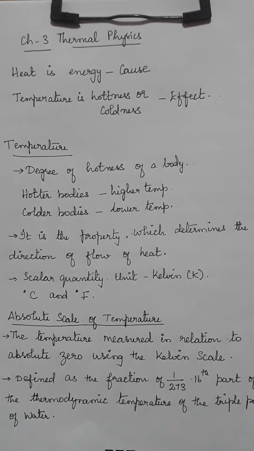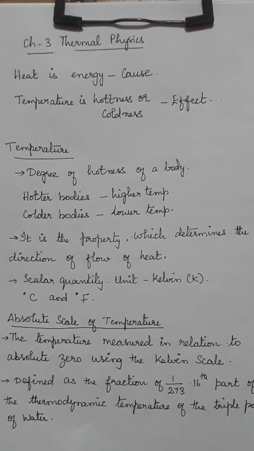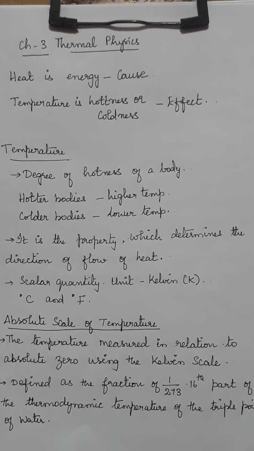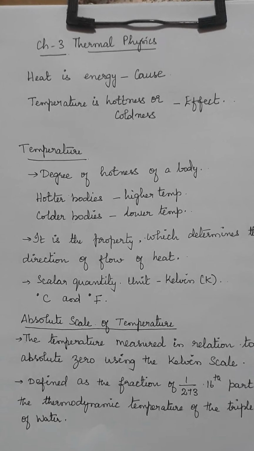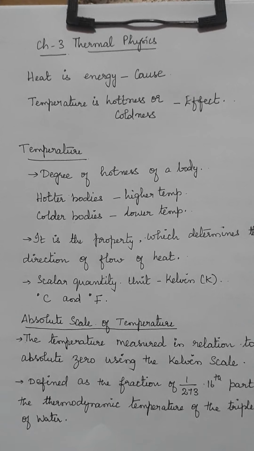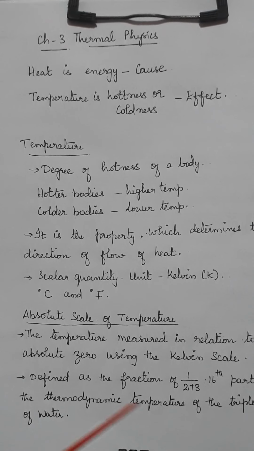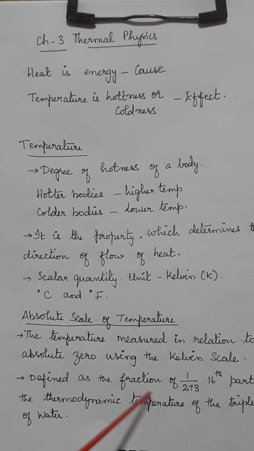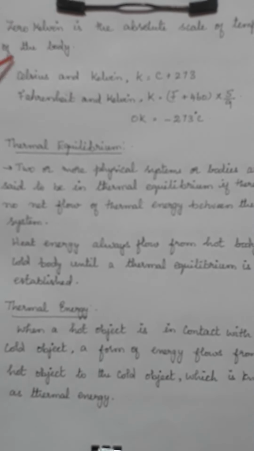The triple point is where water exists in all three states. It's the point where you have all three states present, which is nearly 0 degree Celsius. So this 0 Kelvin is what is called the absolute scale of temperature.